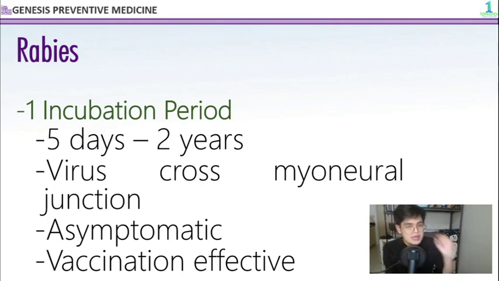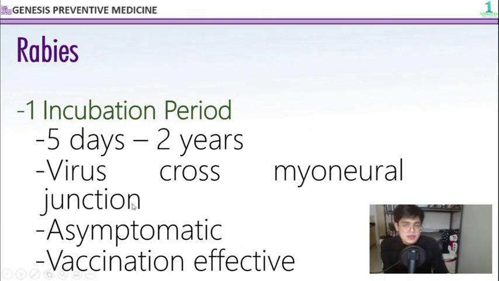Whenever a bite site is closer to the CNS, the incubation period effectively is reduced in duration, as opposed to when the bite site is far from the central nervous system. That's why we have a wide range of incubation period from 5 days to 2 years. And how long will it take for the virus to traverse the tissues from the periphery to the center to eventually enact the classic rabies symptoms that you know?